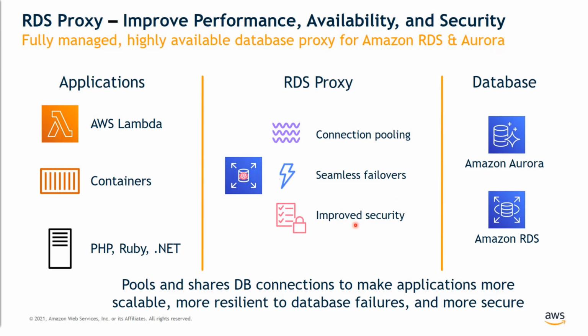But in the context of failover, it keeps track of your failover targets and maintains a lot of this information inside the proxy service so that you can fail over much more quickly to an Aurora database or an RDS database.